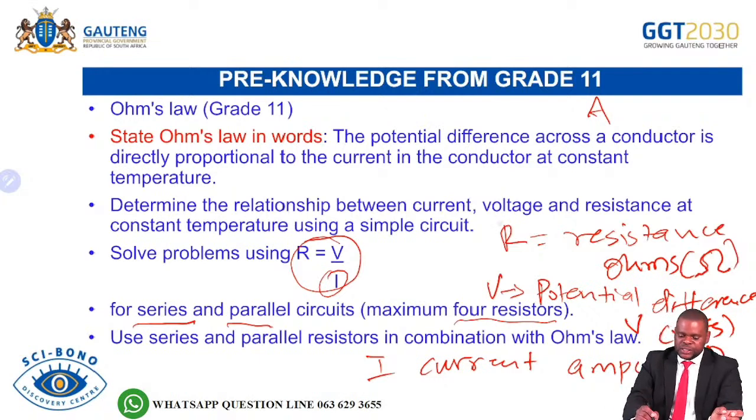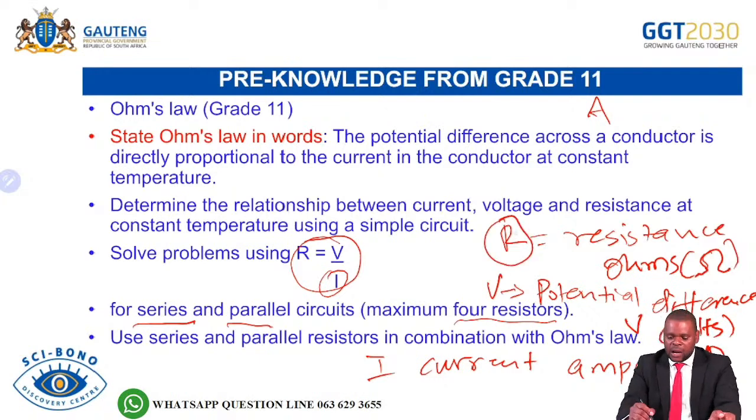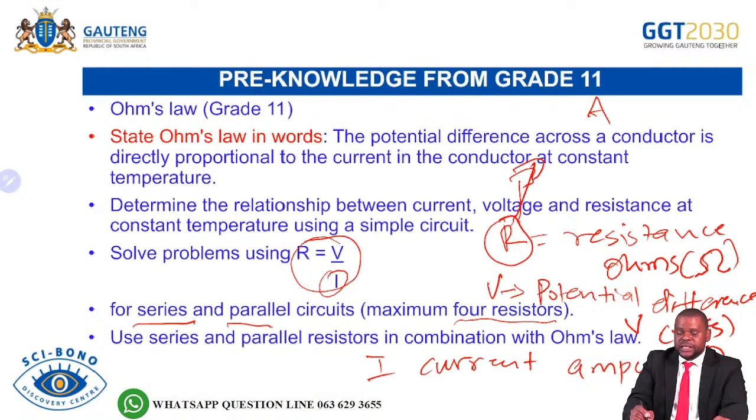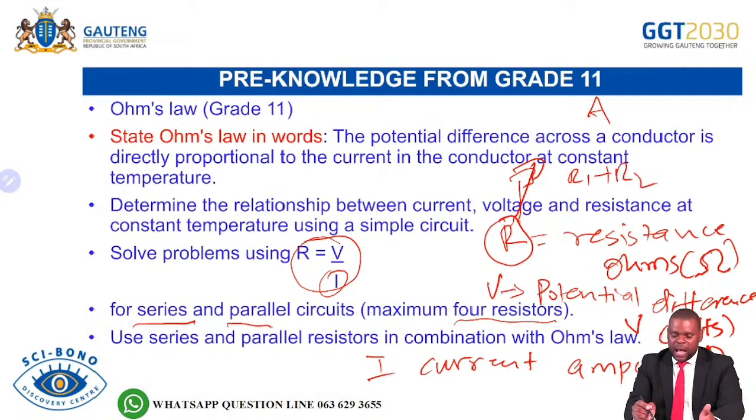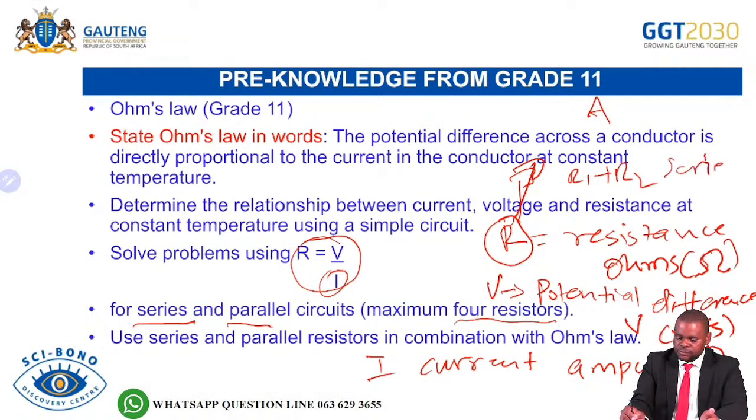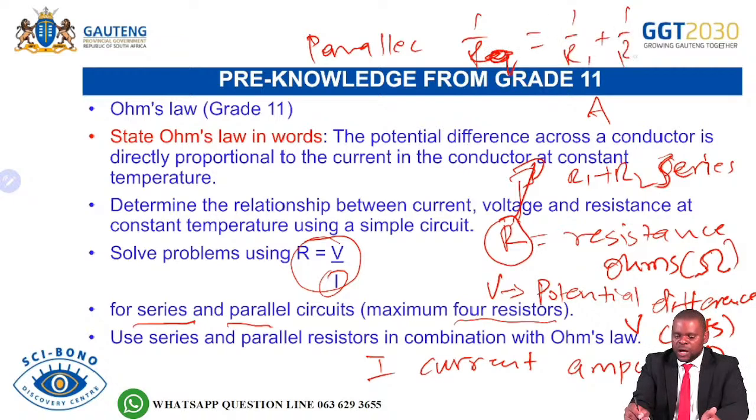And then we say, use the series and parallel resistors in combination with Ohm's law. That means this R that you see here, we're going to use to calculate this R. We'll be using it in series, where we'll say R1 plus R2, or in parallel. For the series connection, and then the parallel connection, we'll be using 1 over R. 1 over R is equal to 1 over R1 plus 1 over R2.